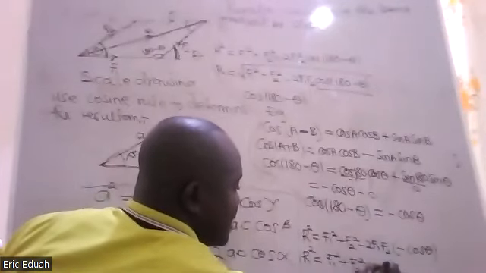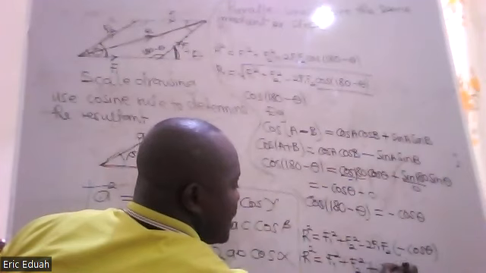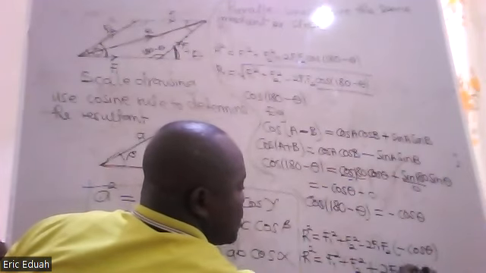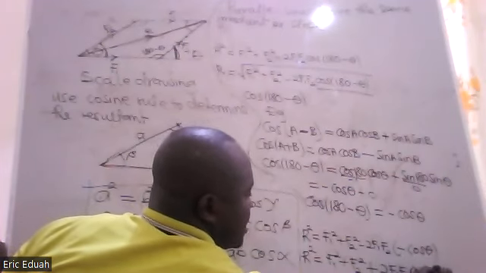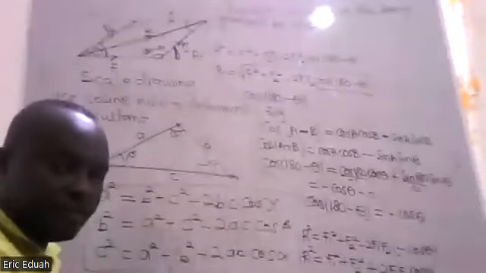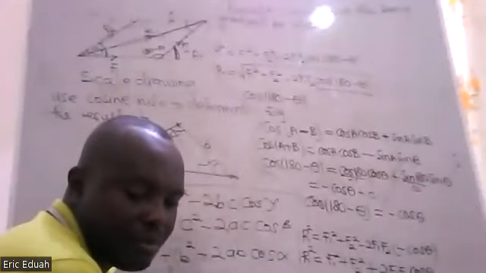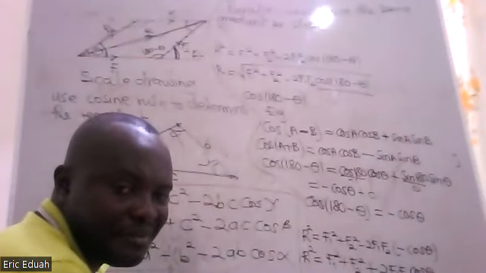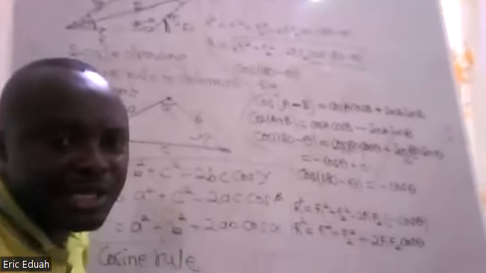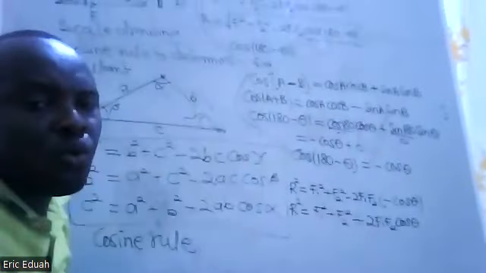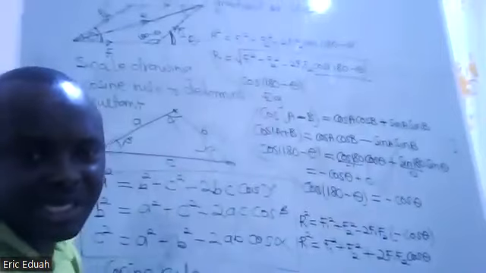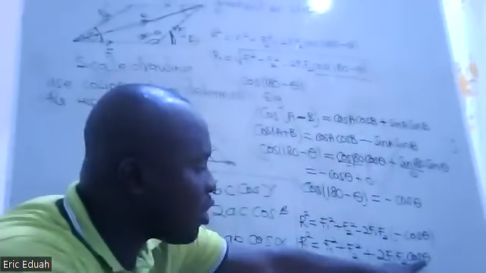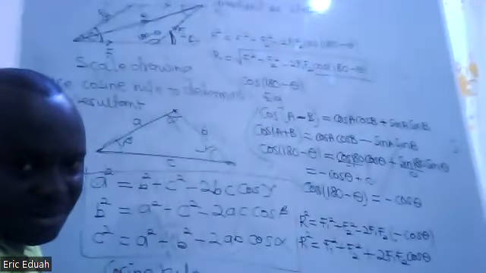Plus 2F1 F2 cos theta. Are we okay? So that's the reason why what cos 180 minus theta can do, only cos theta will do it.